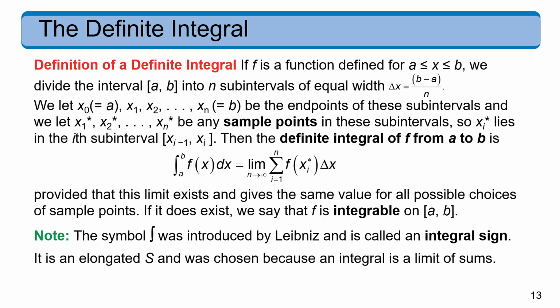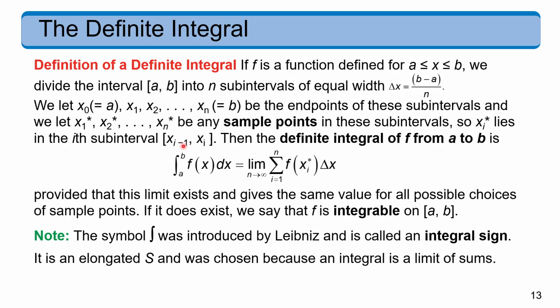Here's our formal definition of the definite integral. Now there's a huge amount of writing here. Before we get into the details, let's just jump down to the main part of the definition. This is the expression we just reviewed on the previous slide that we derived earlier to find the area below the curve f over a given x interval.